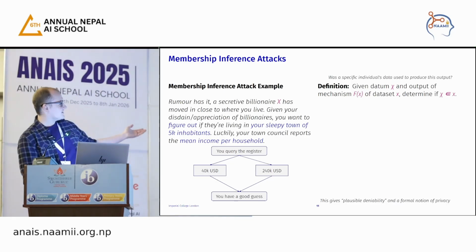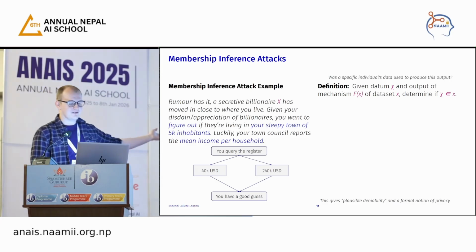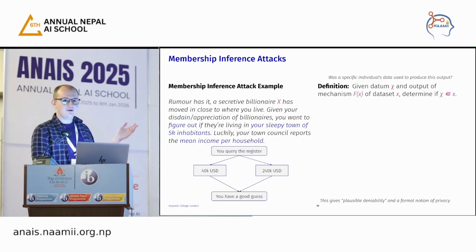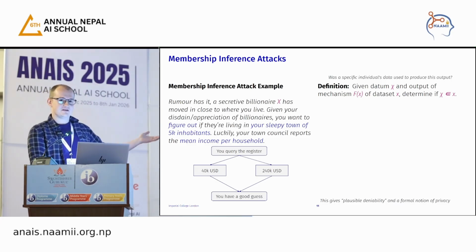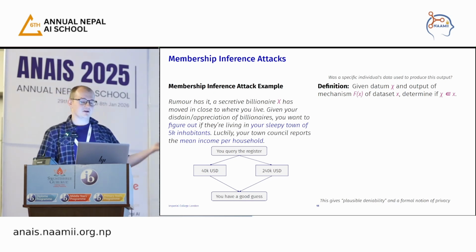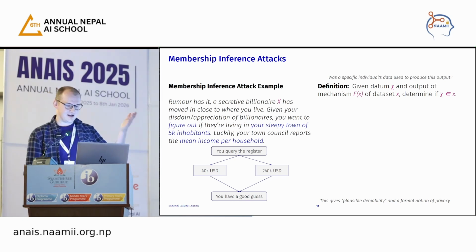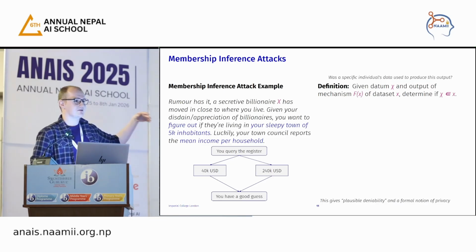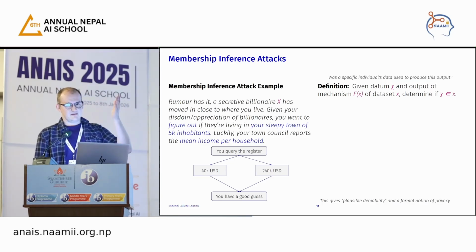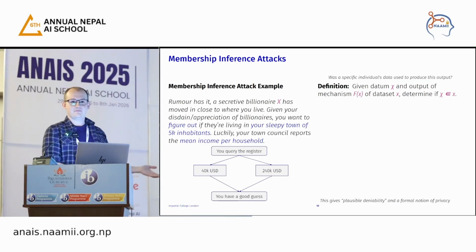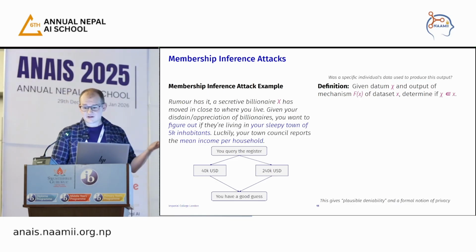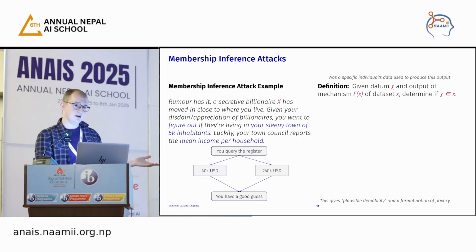Or you might get something closer to 6-fold or 10-fold of that. Either way, you have a good guess whether or not this billionaire has moved into your town, because a billion, as an annual salary or net worth, is an outlier compared to the average income of any other person.